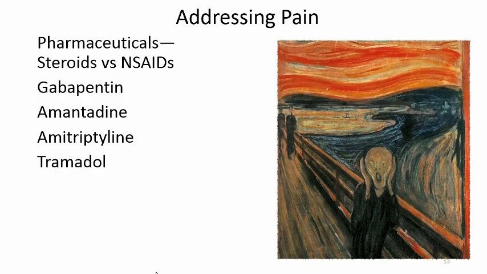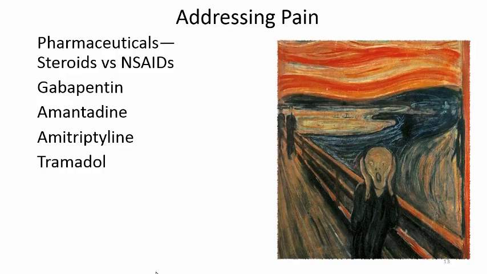Even if you decide that all you're going to do is rehabilitation, and you're not going to prescribe drugs yourself, these patients will come to you on pharmaceuticals. So it's important to know which pharmaceuticals they might be on, so that you are not surprised by some of the side effects.